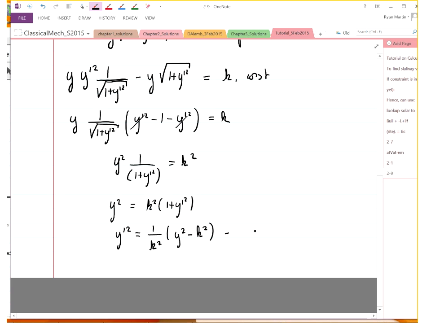Or y prime is equal to 1 over k square root of y squared minus k squared.